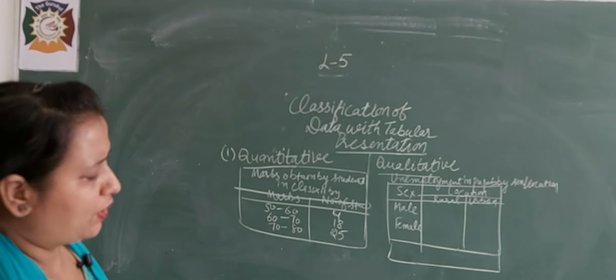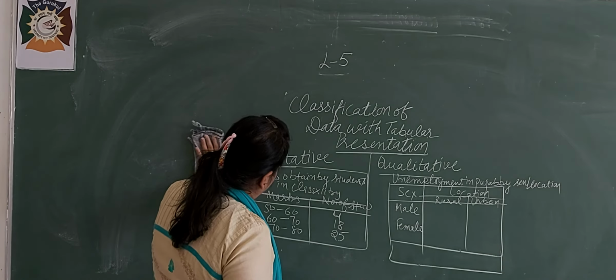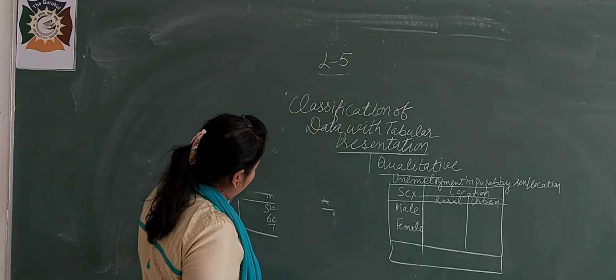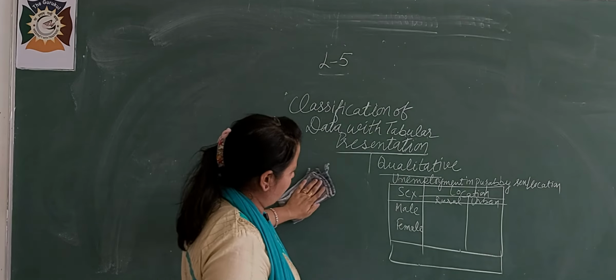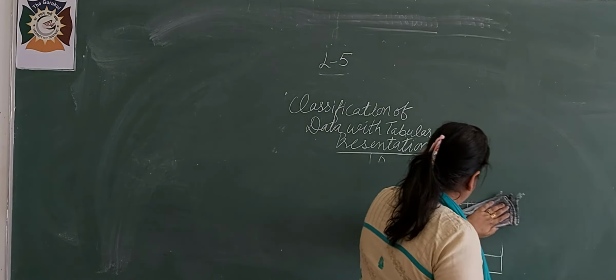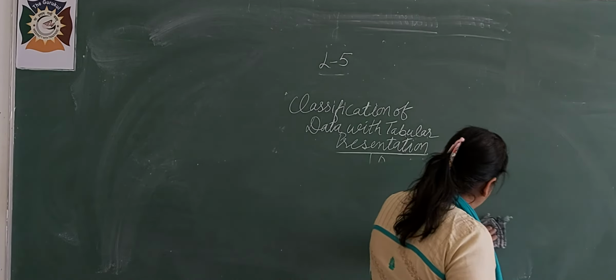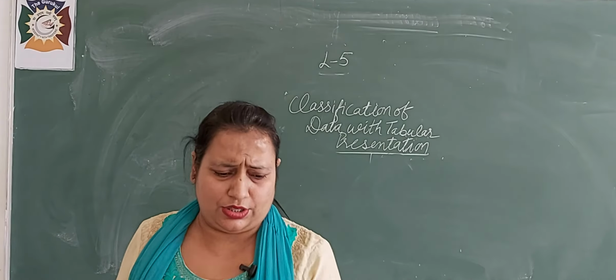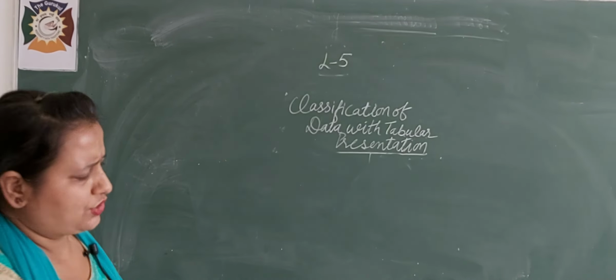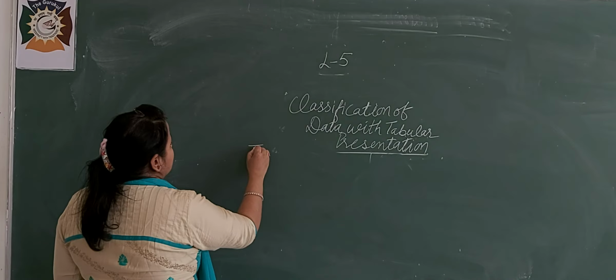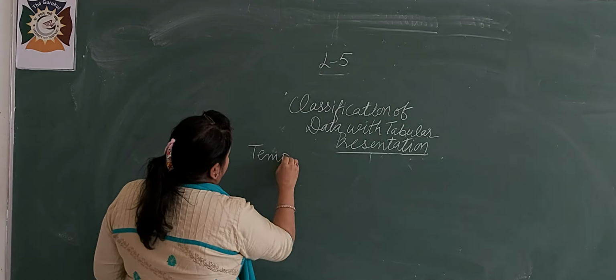Next is temporal classification. What is temporal? And last is spatial classification. Temporal is also known as chronological classification.